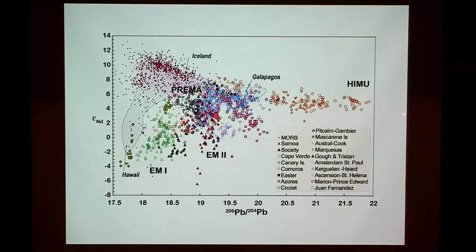And where we have an extreme mixing array, we're going to get a very long field where the component is not so extreme in this particular view of isotopic space, we're going to get a much shorter field. Notice there's a lot of islands in here: Canaries, Cape Verdes, Amsterdam, Easter, Marion, Prince Edward, all sort of Mascarene Islands, Reunion, all sort of buried in here that actually don't really extend out into these regions. I think the principal interpretation of the arrays would be some kind of mixing.